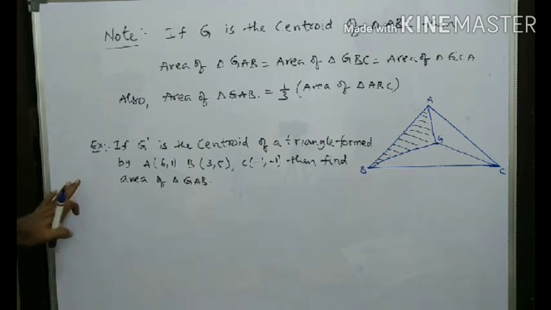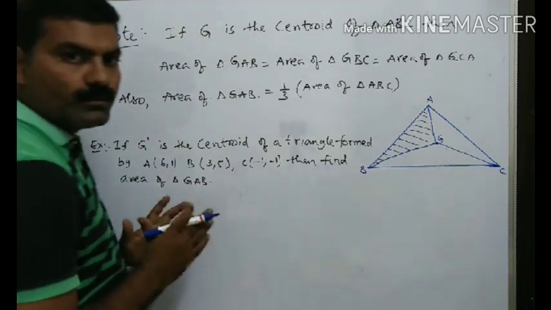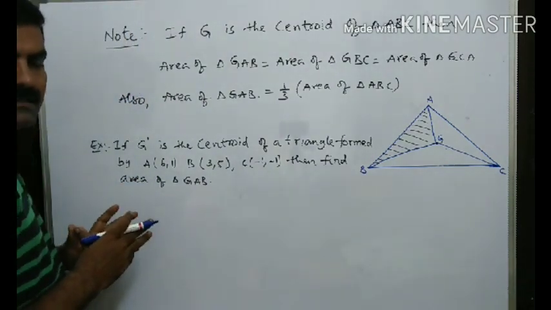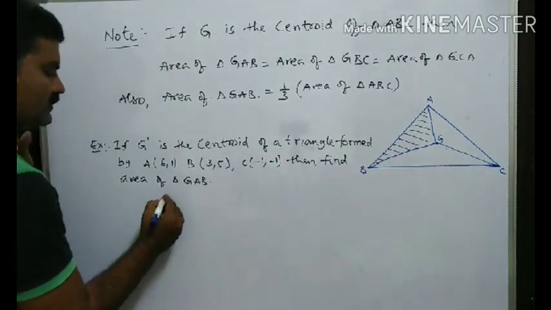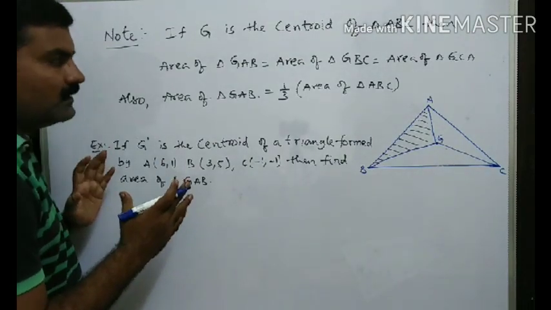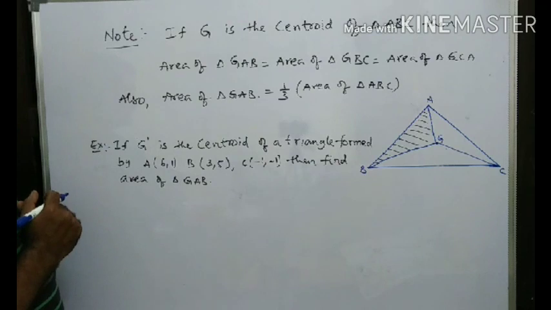So look at this problem. If capital G is the centroid of a triangle formed by A(6, 1), B(3, 5), C(-1, -1), then find area of triangle GAB. So just now we discussed area of triangle GAB is equal to 1/3 of area of triangle ABC, isn't it?